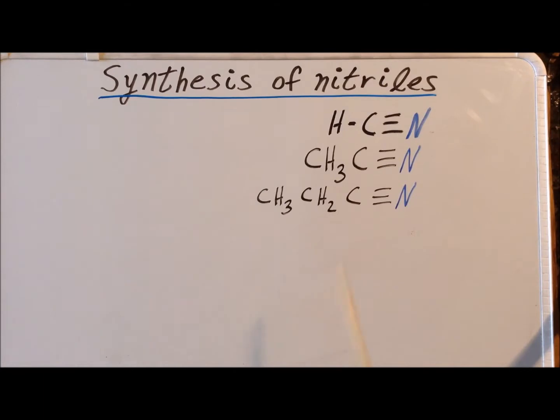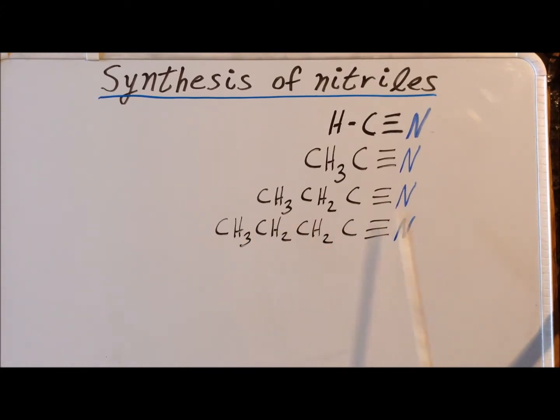The next nitrile in the series is propionitrile, also sometimes called propanenitrile, and ethyl cyanide. The next nitrile in the sequence, and the last nitrile that we are going to discuss in this video, has this particular structure, which has the IUPAC name of butanenitrile.